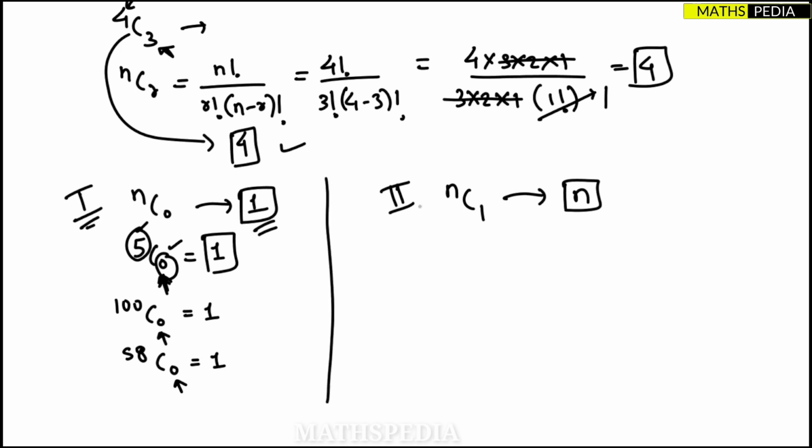Next, the second part: when you are seeing 1 down, the answer is the upper part. If I write 5C1, the answer will be 5, the upper part. If I am writing 100C1, the answer will be equal to 100. So 1000C1, the answer will be 1000. Whenever you see that down 1, write the answer as the upper part.